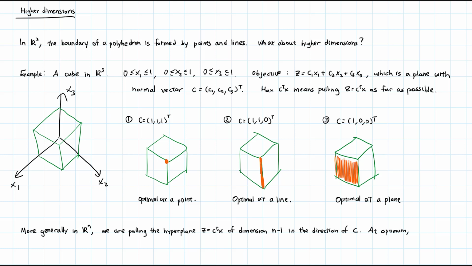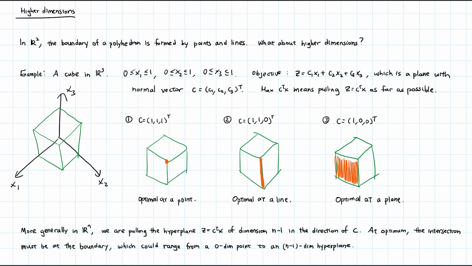At optimum, the intersection must be at the boundary, which could range from a zero-dimensional point to an n-1 dimensional hyperplane. Note that there is a trivial case where the entire feasible region is optimal. We will leave this as an exercise.